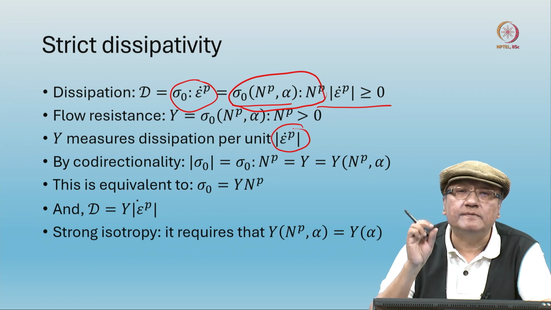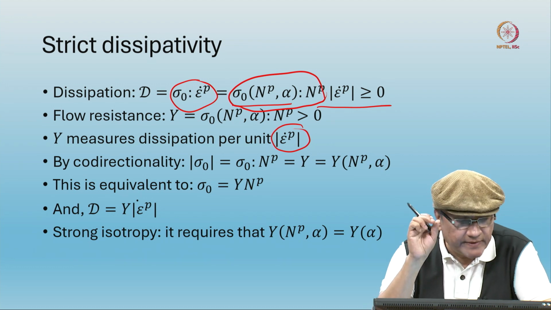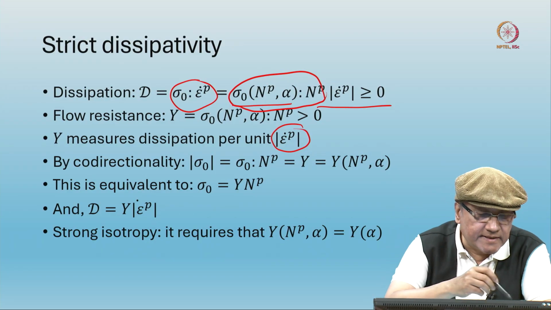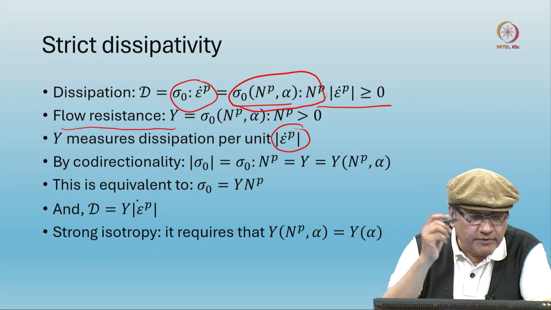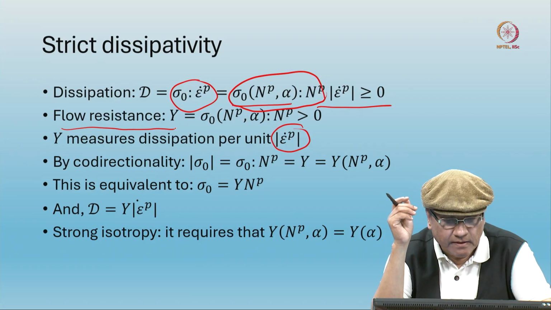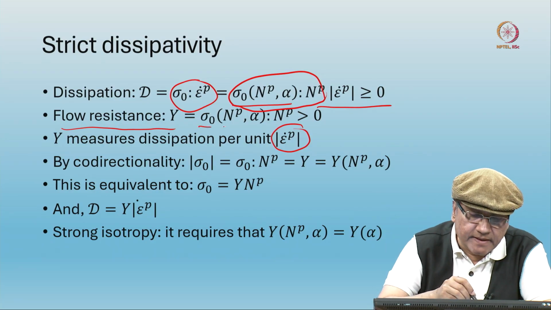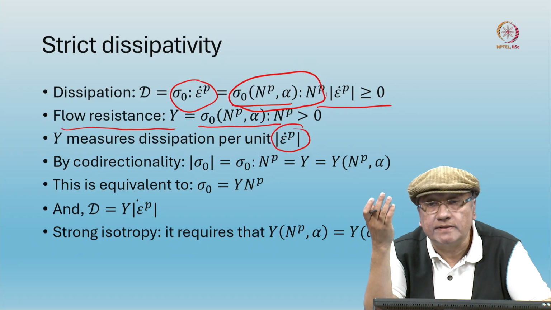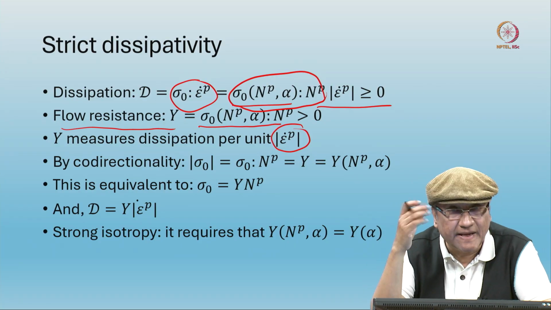So, per unit magnitude of the plastic strain rate, the dissipation that occurs has a special name. It is called the flow resistance Y. So, it is defined as sigma 0 inner product with NP, which definitely is greater than 0 if the plastic flow is occurring.